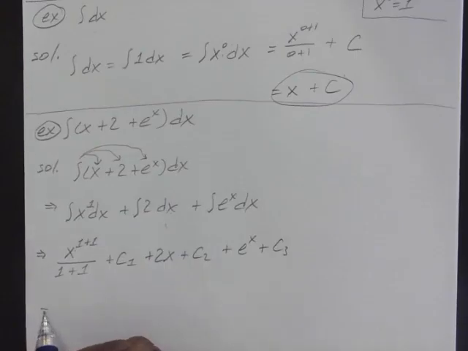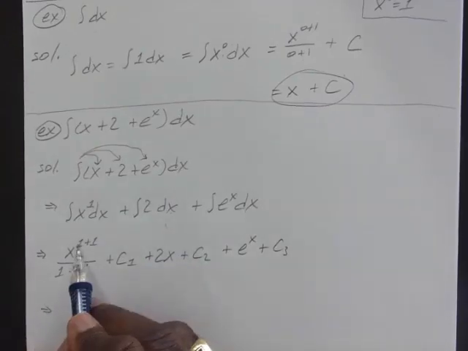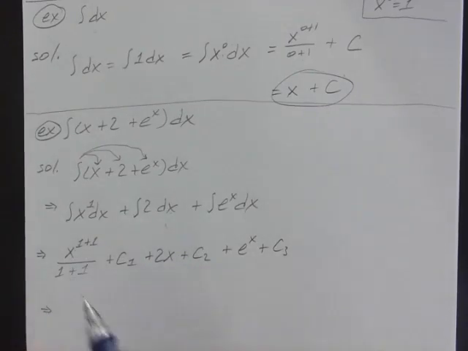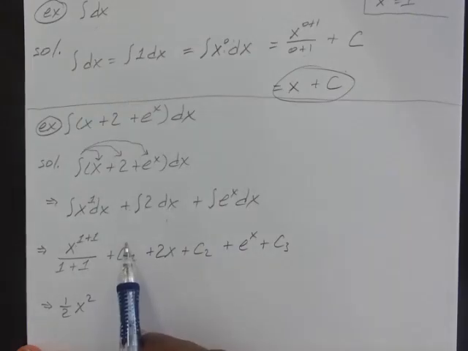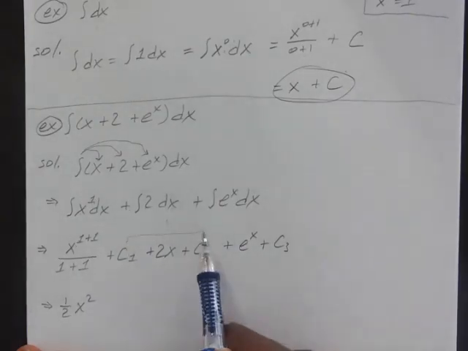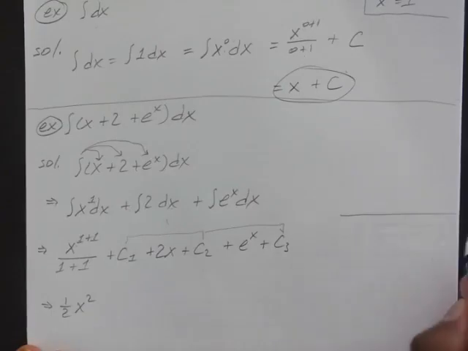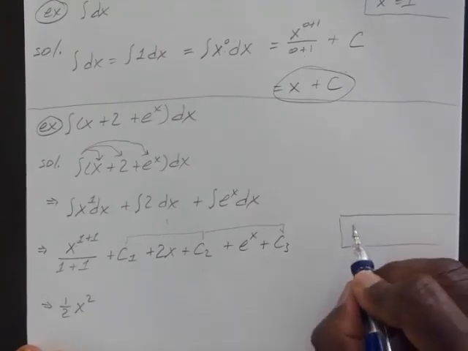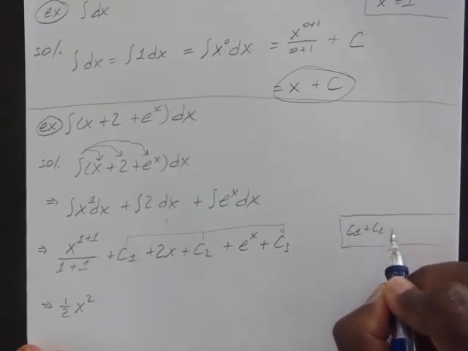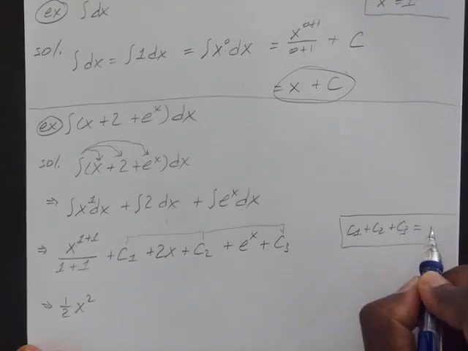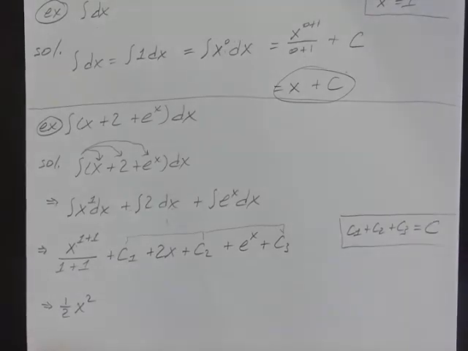Okay, so this first term, we have x to the power of 2 divided by 2. You can rewrite that as 1/2 times x squared. And this constant number 1, constant number 2, plus constant number 3, we add all those together, still equals a constant, and we'll call it c.